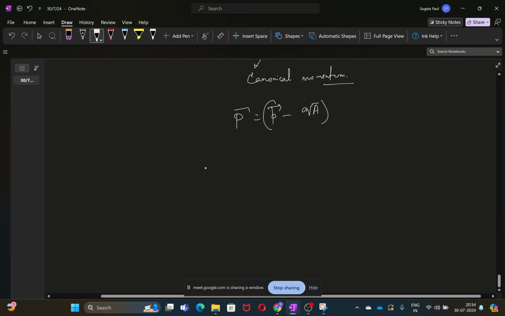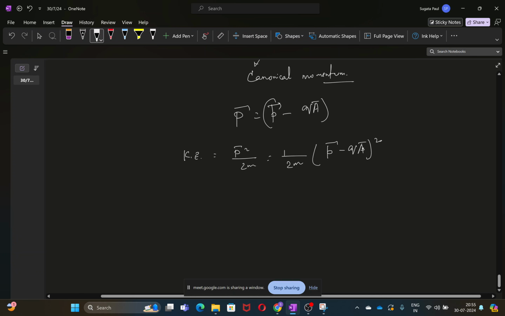So this is the mechanical momentum, and you know that the kinetic energy is nothing but the mechanical momentum whole square by twice m. So this will be 1 by 2m times (p vector minus q A vector) whole square.